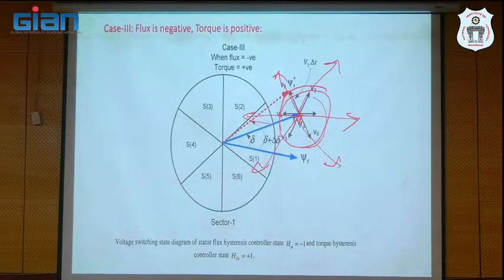Based on the requirement, based on the situation, by selecting the available voltage vectors, we can control flux as well as torque. Don't think we are controlling total flux and total torque. We are controlling only the change in a particular sample.